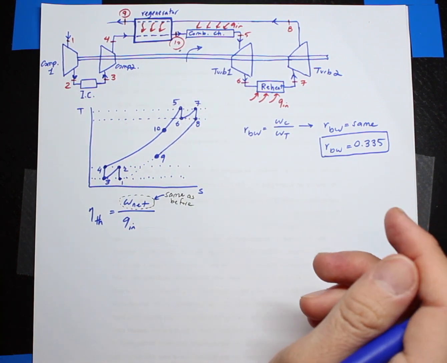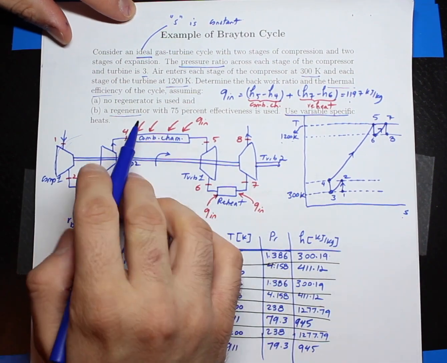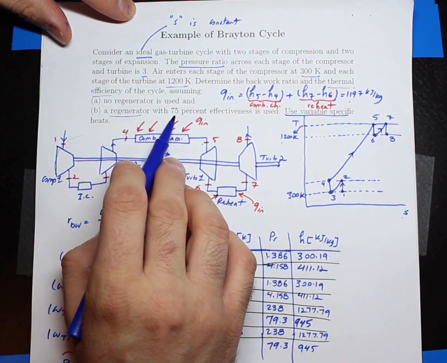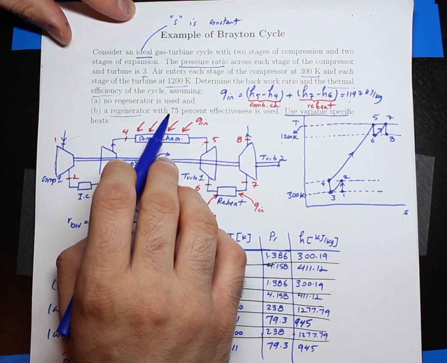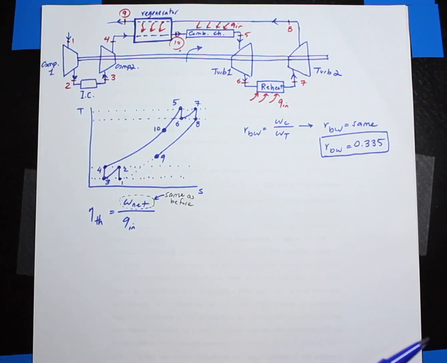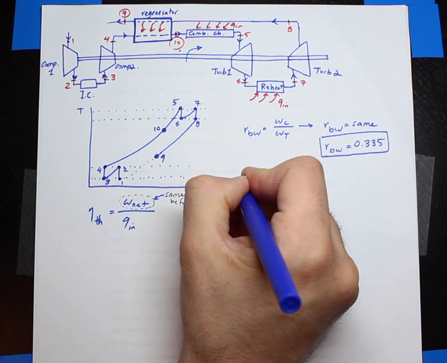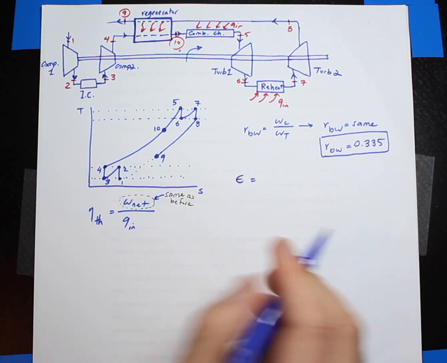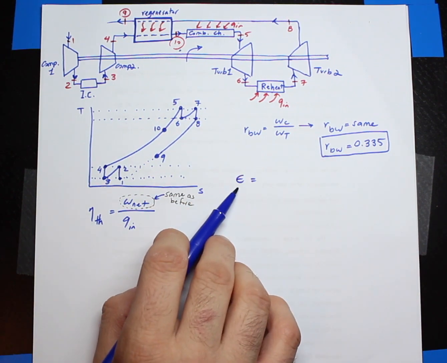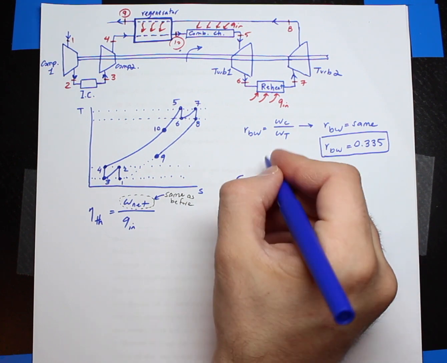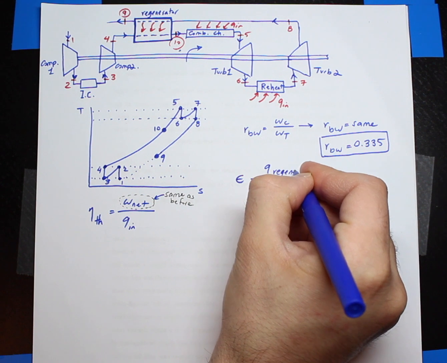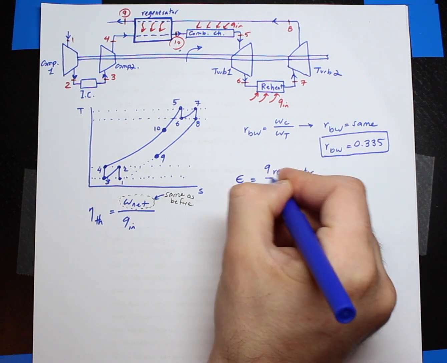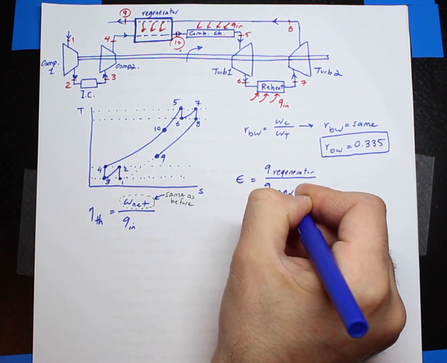So the problem statement, if I get back to the problem statement, gives me an effectiveness for the regenerator. It says the regenerator is 75% efficient. I'm going to use that value because effectiveness in a regenerator, this Greek letter represents the effectiveness, is Q regenerator to Q max.